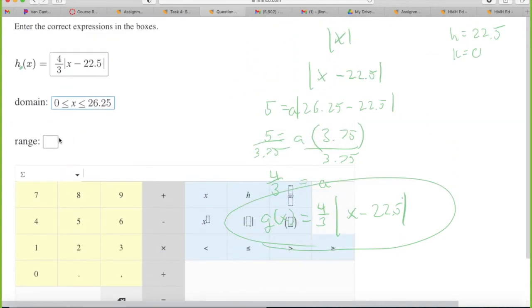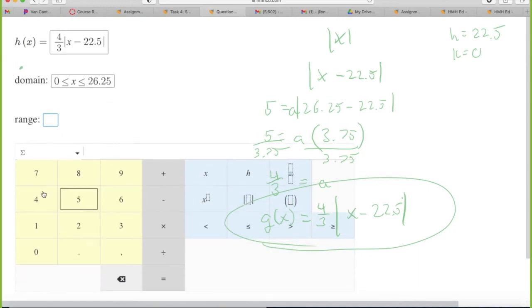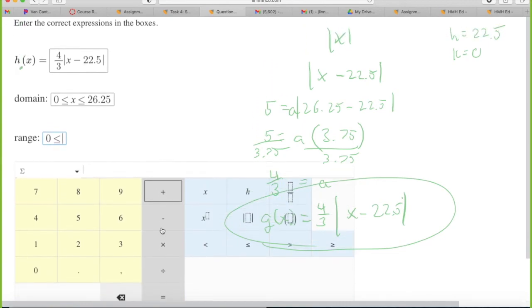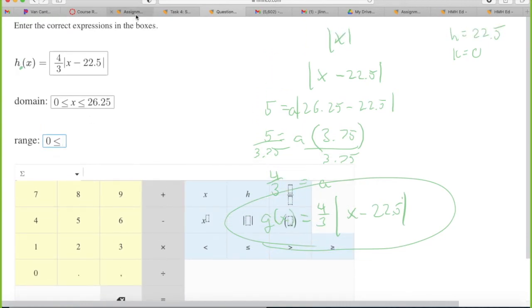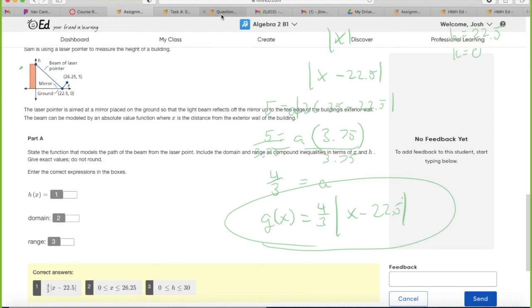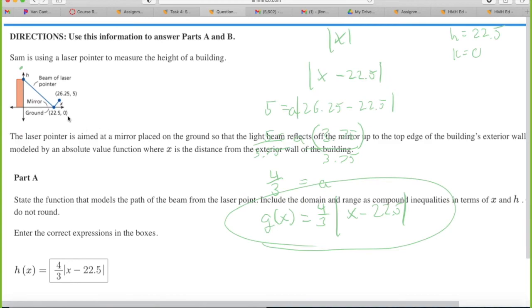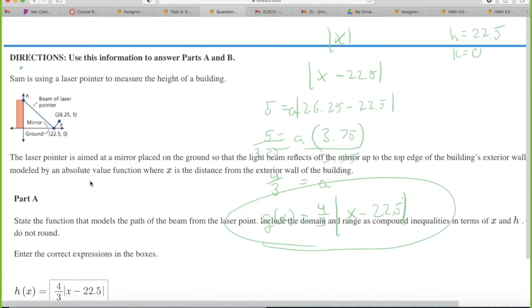So our range is 0 less than or equal to, are we still using our x? Or are we using our h? Yeah, that's our h. Did they tell us the height of the building?